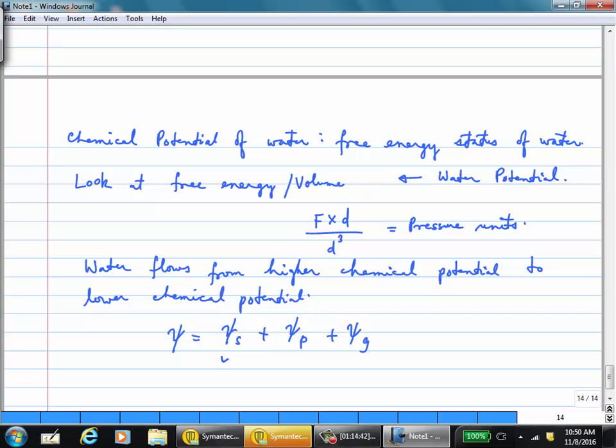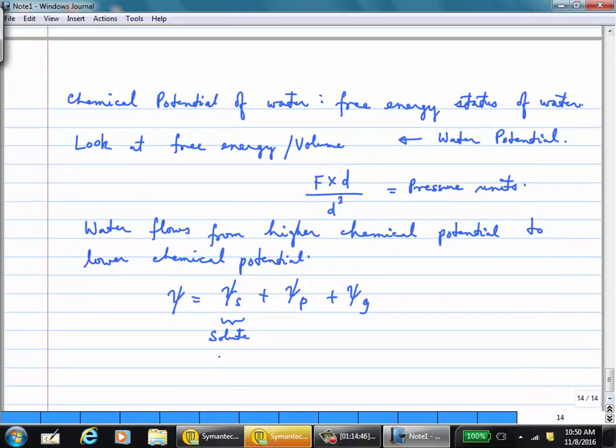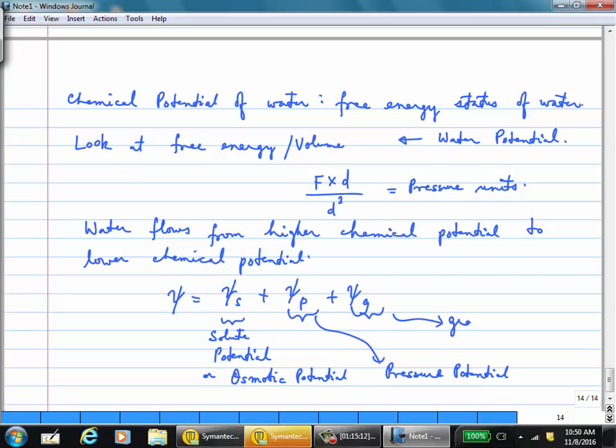Psi sub s is what is called the solute potential or osmotic potential. Psi sub p is what is called the pressure potential. Remember I told you you could make water go from one side to the other by applying pressure, so that plays a role too. And then psi sub g is called the gravitational potential.